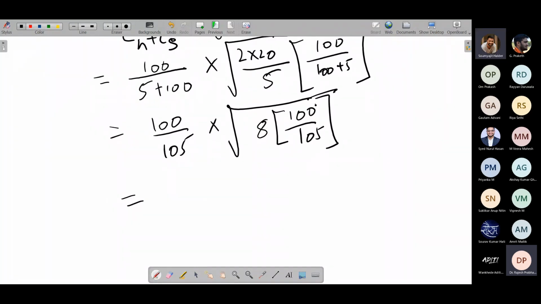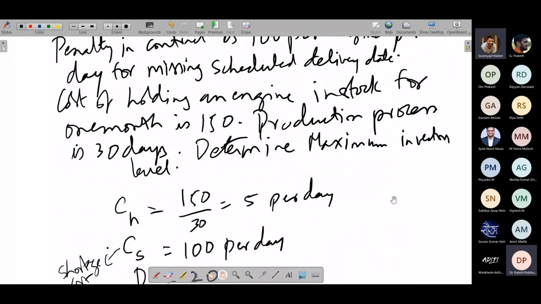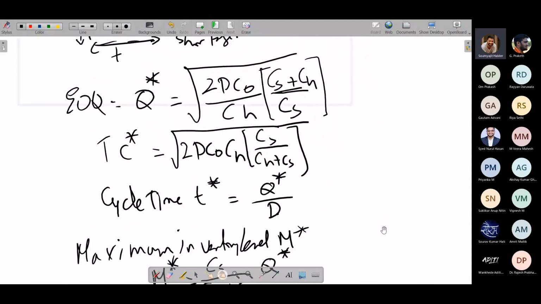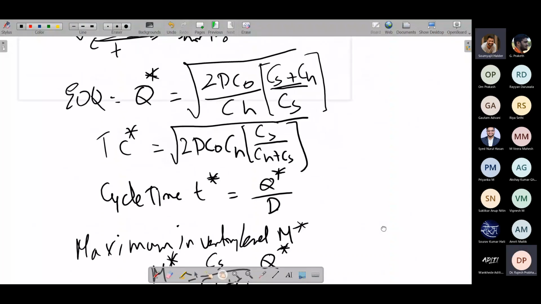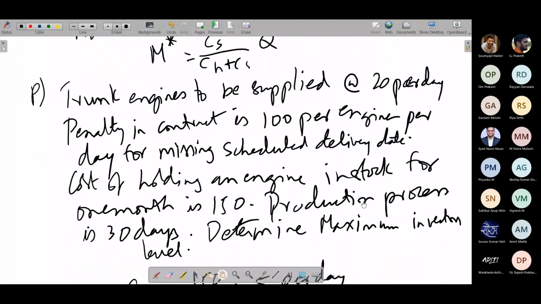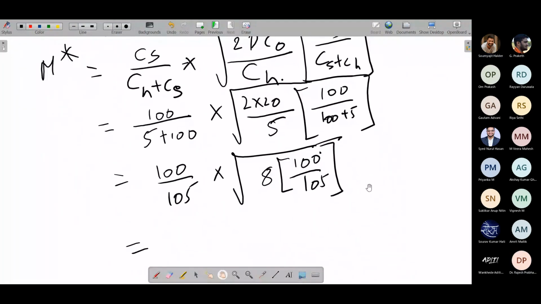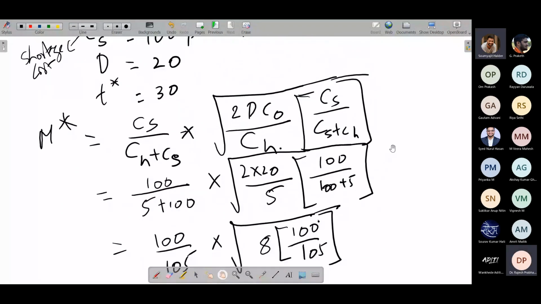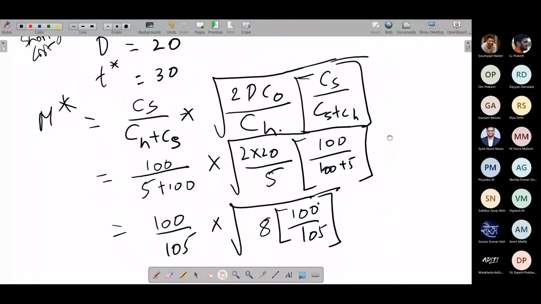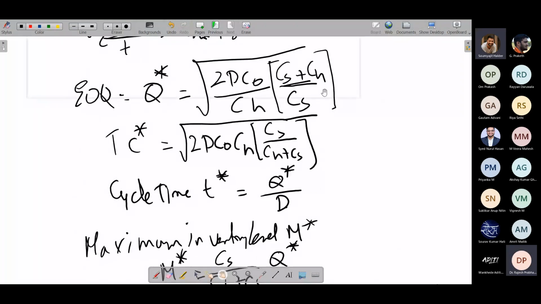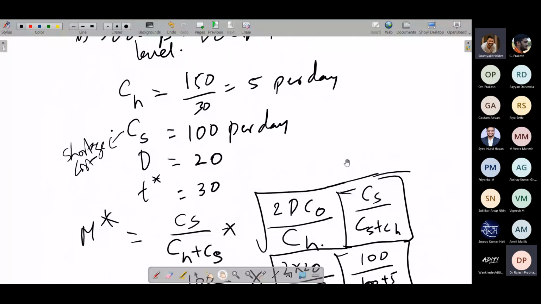Sir, I'm asking you to scroll up because I think Q star is root over 2D CO by CH into CS plus CH by CS, so it has to be 105 by 100. You have done the opposite. It is only CH, right? Yes, sir. I put only CH, no? Sir, it has to be 105 by 100. It is CS plus CH by CS. Okay, reverse. Okay, got it.